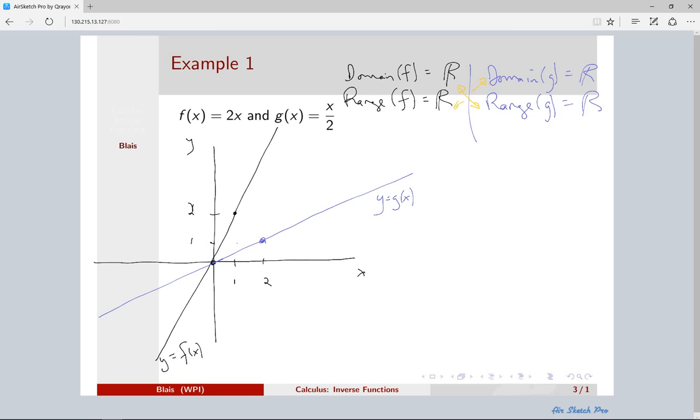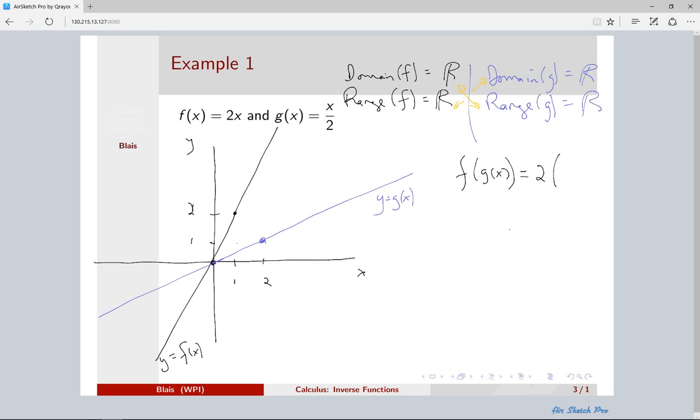And now we look at f of g of x. The outer function here is 2x. So this is going to be 2 times, and the inner function is x over 2. So we're plugging x over 2 in here.